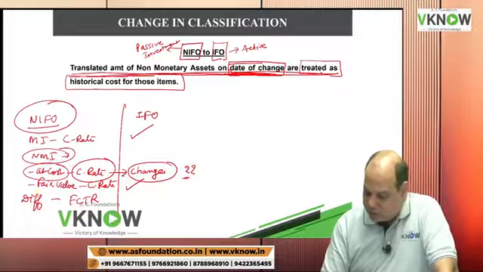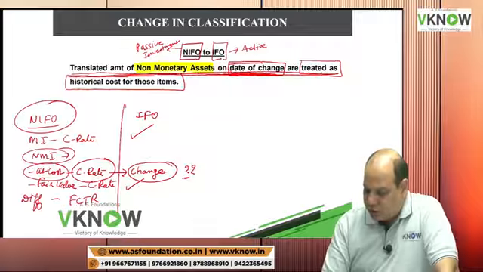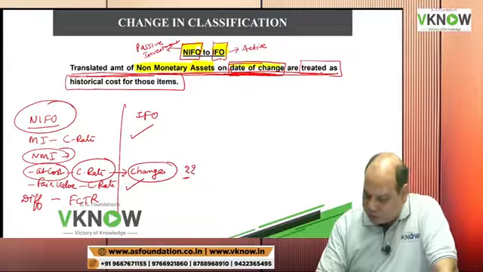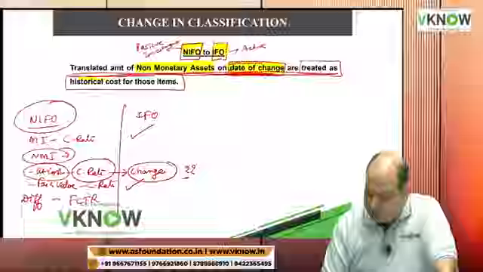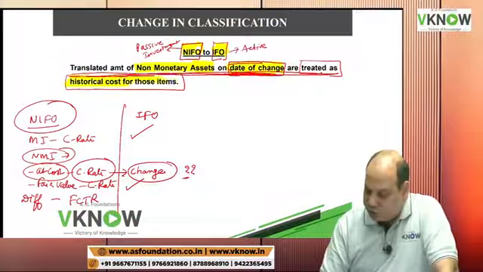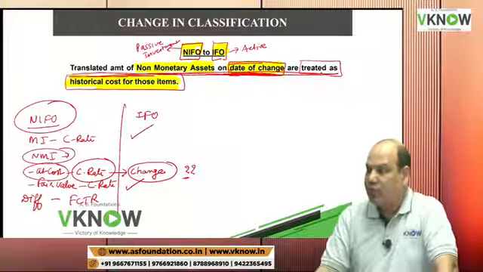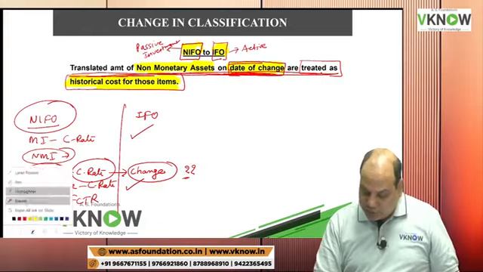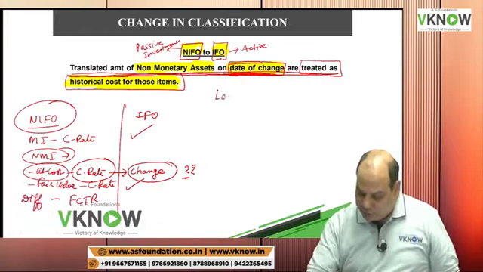Suppose I have a land. Earlier it was NIFO. Now we have shifted to EFO. So what will happen? Whatever is the exchange rate on the date of change, that will become the historical cost for those items. I will explain it with the help of numbers.